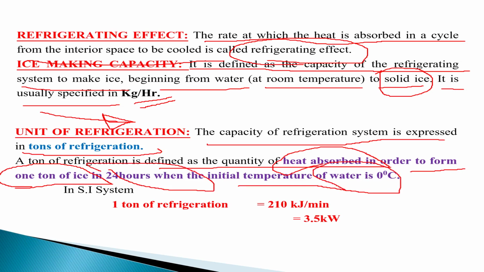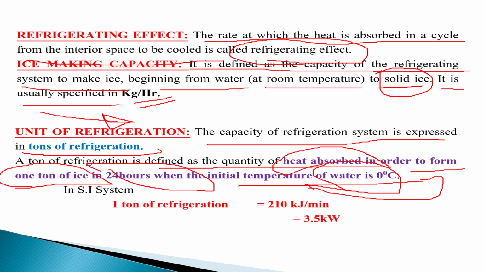That means you take 1 ton of water at 0 degrees Celsius, then you go on removing the heat for 24 hours, so that the entire 1 ton of water is converted into 1 ton of ice at 0 degrees Celsius in 24 hours.